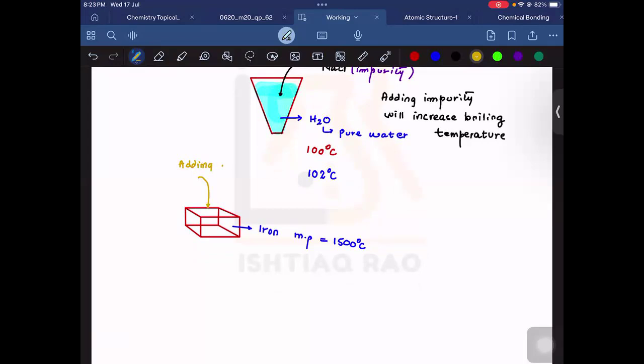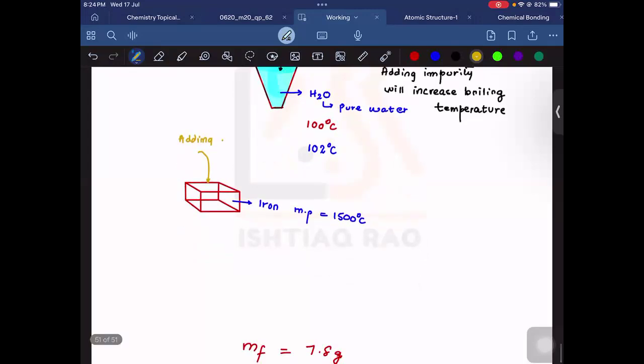But for solids, addition of impurity will decrease the melting point. Remember, adding impurity decreases the melting point of a solid.